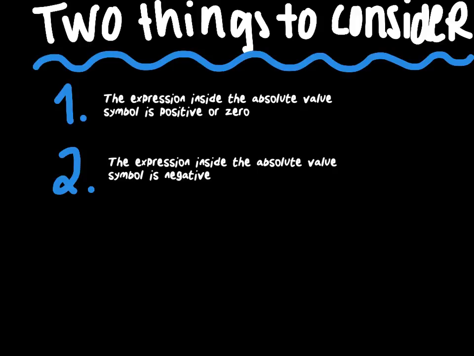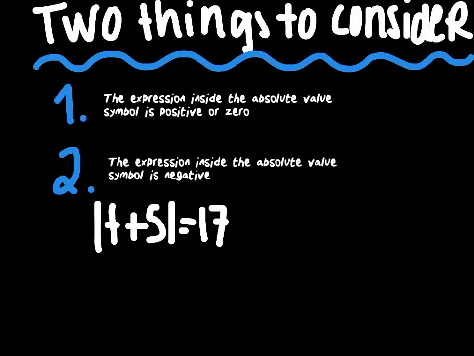Okay, so if you had the absolute value of f plus 5 equals 17, there are two ways that you can solve it. The first way is that the expression inside the absolute value symbol is positive or 0, so let me just put 1 over here.